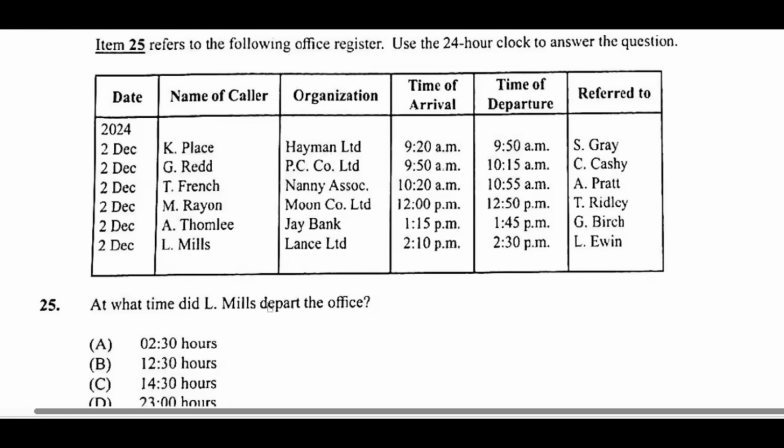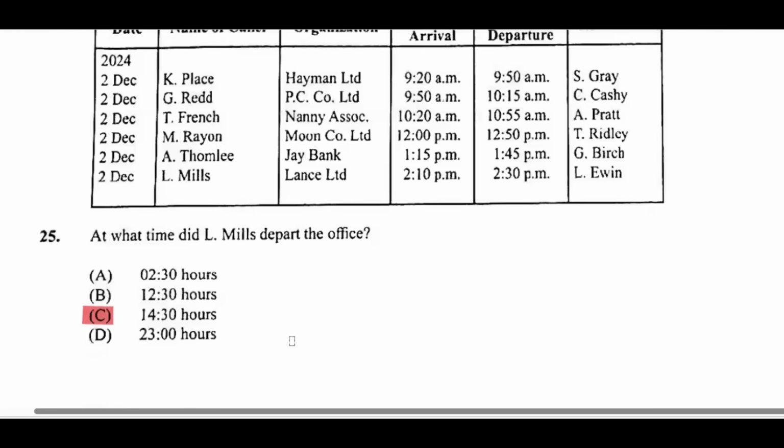Remember the question says use the 24-hour clock. So using the 24-hour clock, 2:30 will be converted into 1430 hours. So the answer is C.